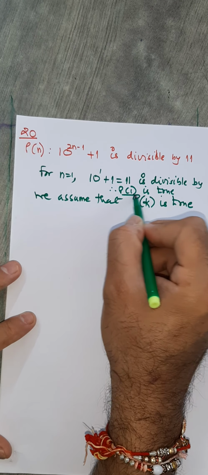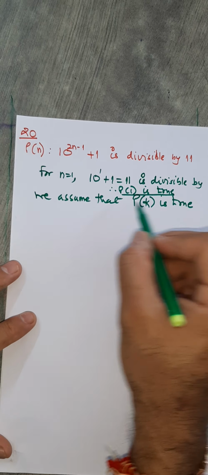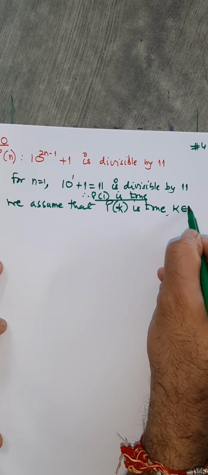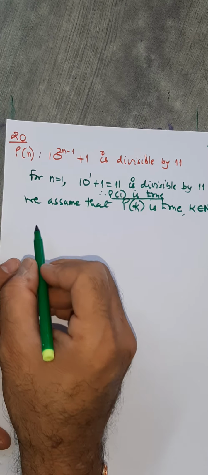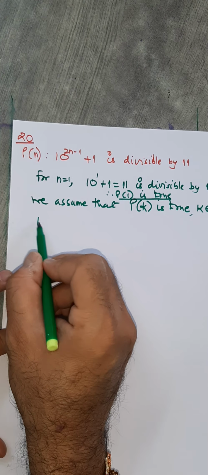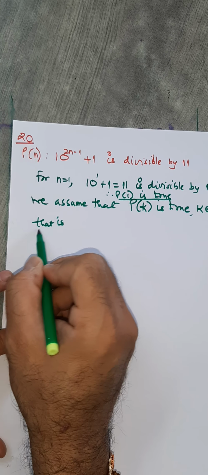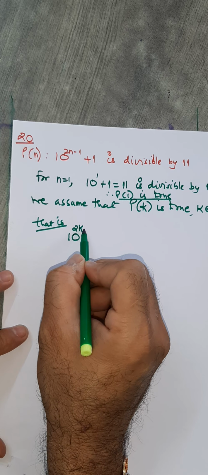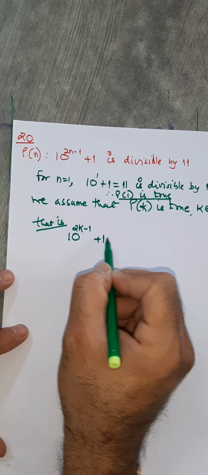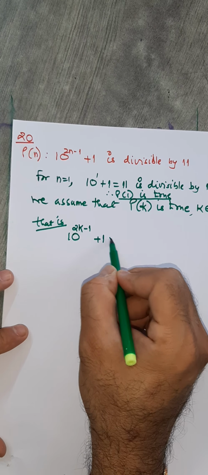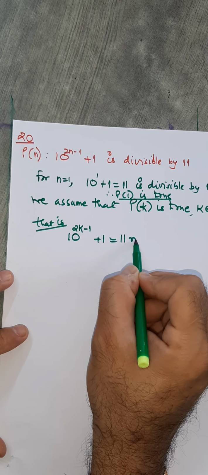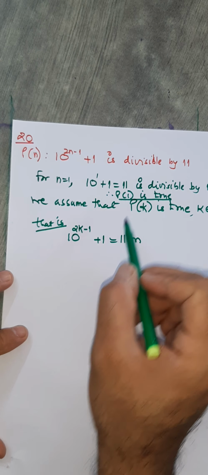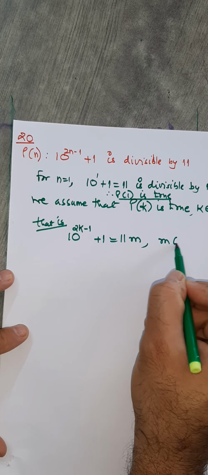Now we have the assumption part, that is P of k is true, where k belongs to N. So we have 10 raised to 2k minus 1 plus 1 is equal to 11m. If I put n equal to k, this is divisible by 11, so 11m, for m belongs to N.